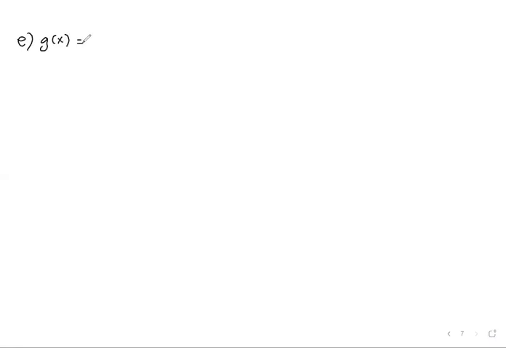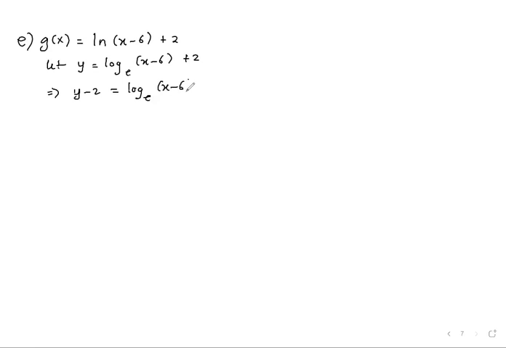G of x is equal to ln of x minus 6, plus 2. So again, let y be equal to log base e of x minus 6, plus 2. We write y minus 2 is log base e of x minus 6, and then raised to the power, is equal to x minus 6.